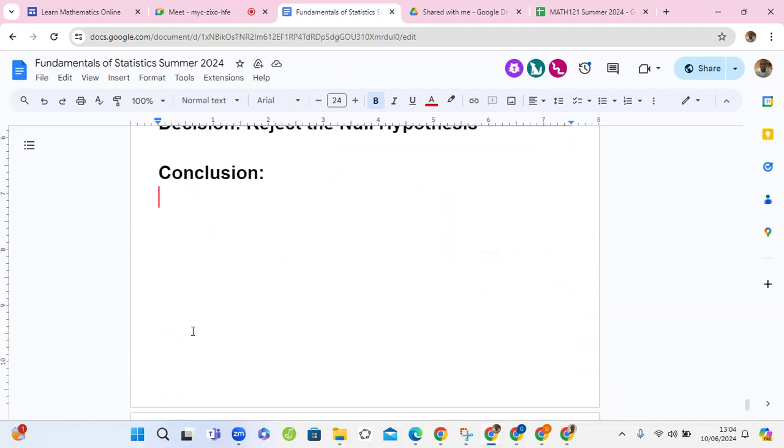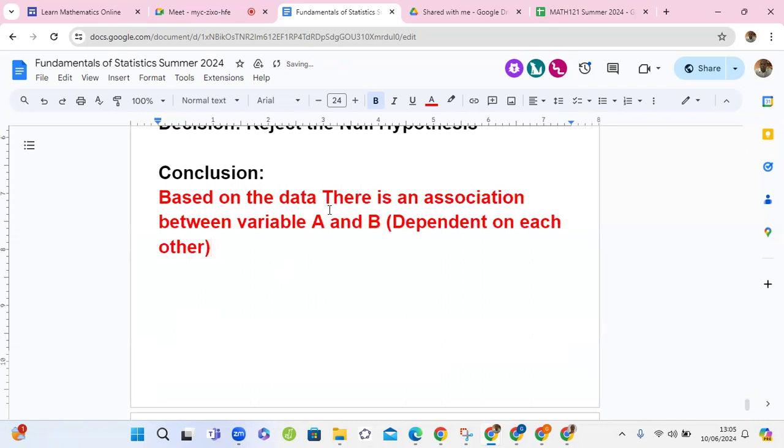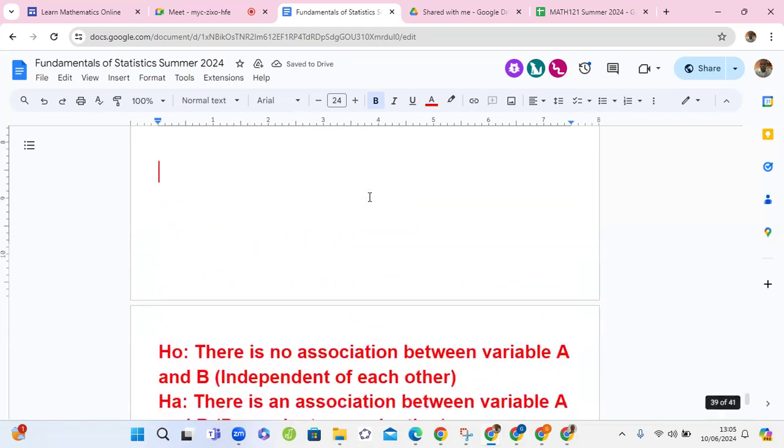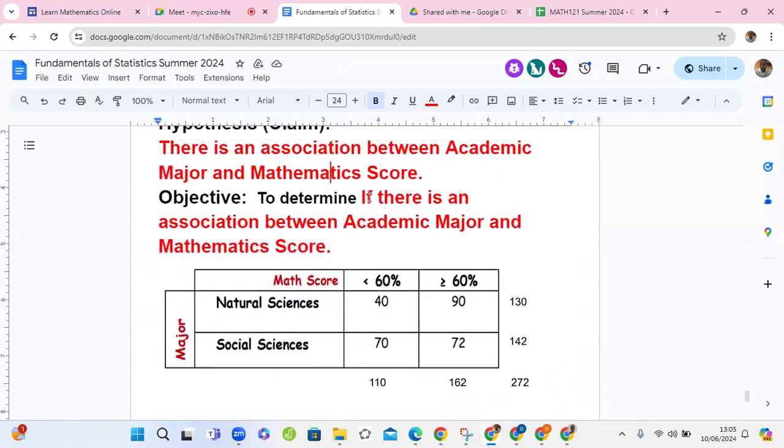Based on the data, there is an association between academic major and mathematics score.